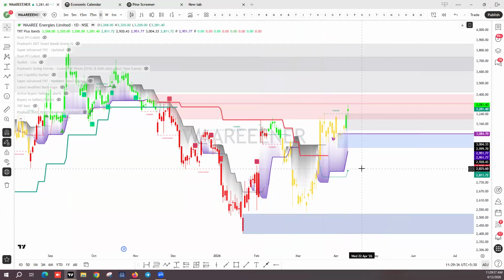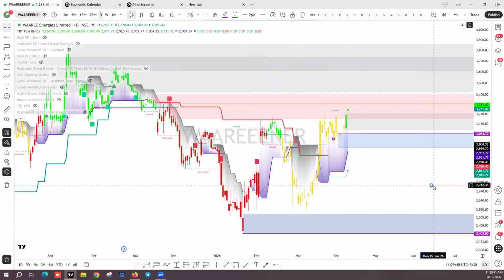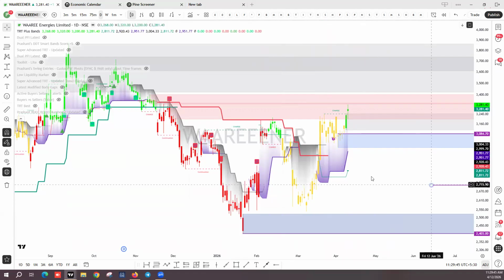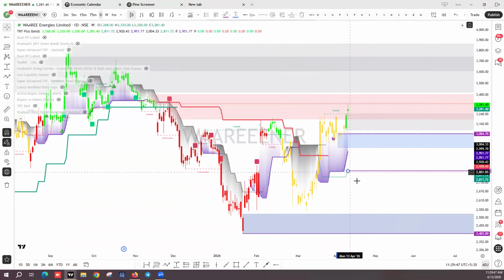And if you want to keep on holding, then you will have to keep the stop loss below this. One more thing is this is the bias band. If a candle closes below this, then it is likely to come down up to this also. I don't keep on increasing the stop losses.